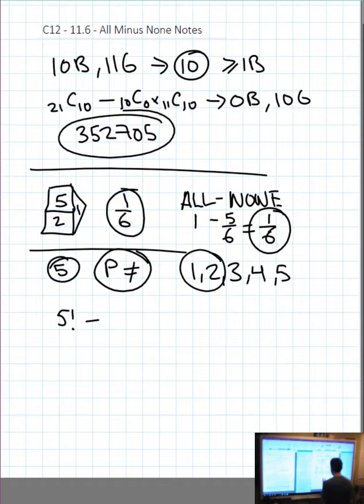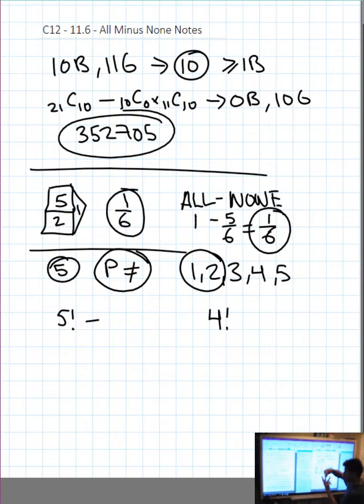Well, we now have 4 objects. The parents, 1 and 2, and then each of the kids. So that means we have 4 things to arrange. But then each of those parents, so let's call the 3 kids, each of those parents can sit here, can sit here, can sit here, can sit here.